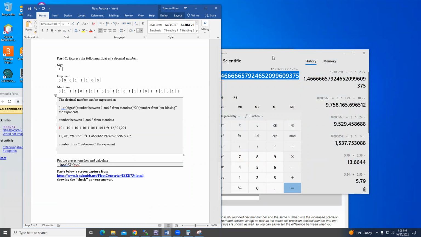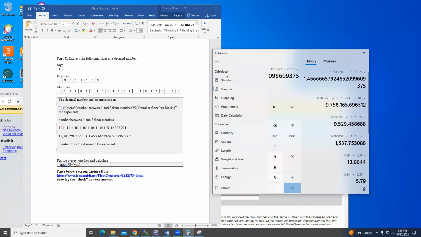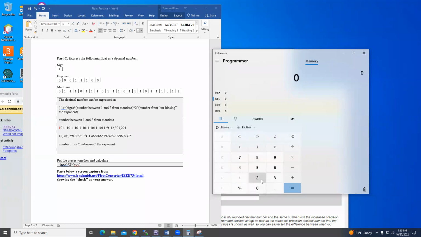What is the exponent? Go back to programmer mode. 000111100. I'm not in binary mode, so that was complete crap. Go to binary mode. I'm putting a binary number in. I should be in binary mode. I'm putting in the exponent 000, which I'm not going to see, 11100. Okay. So there's my number.